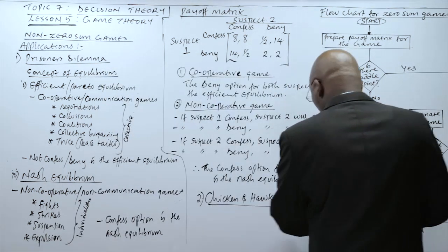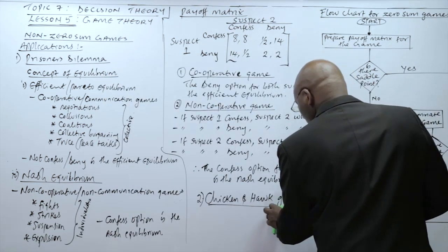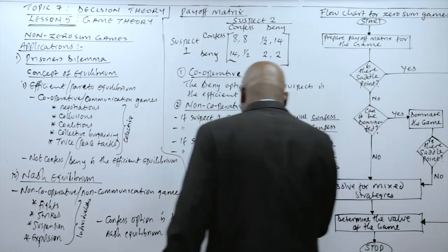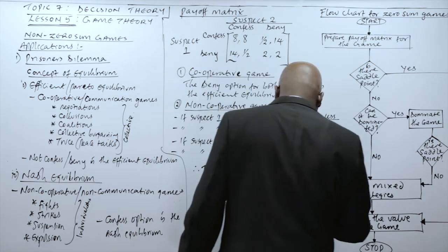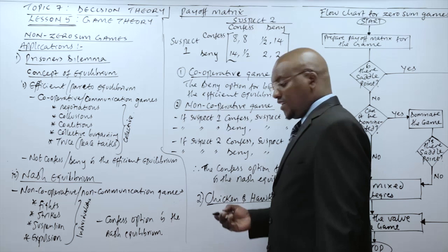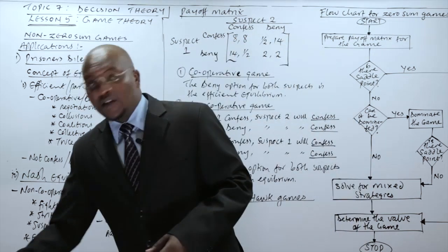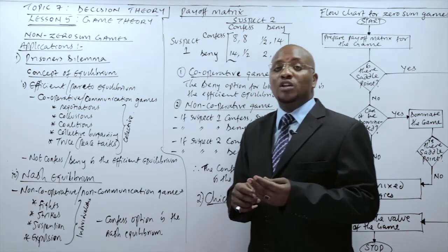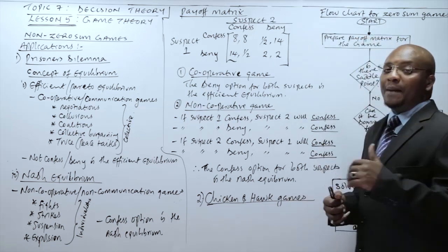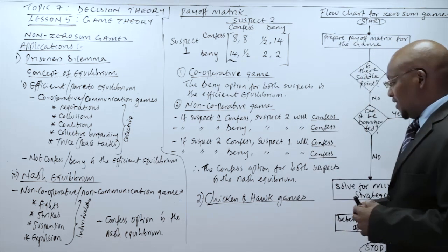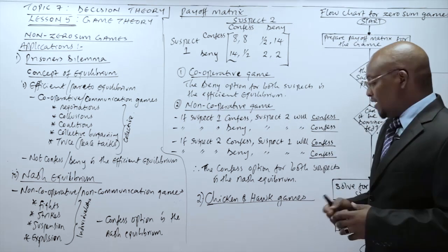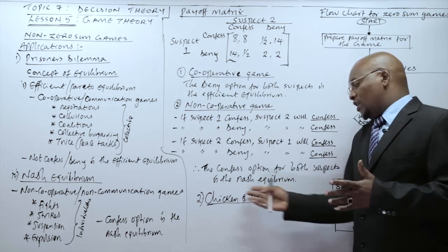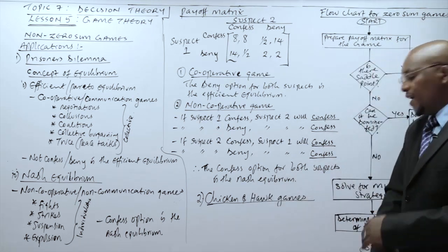So we can say that one player is going to chicken out, and the other one is going to play tough. So this is in businesses. We can have a company taking the bold step of making a particular decision. Another company may not be that bold and therefore will not take such a step, and therefore we can call it a chicken and hawk game.